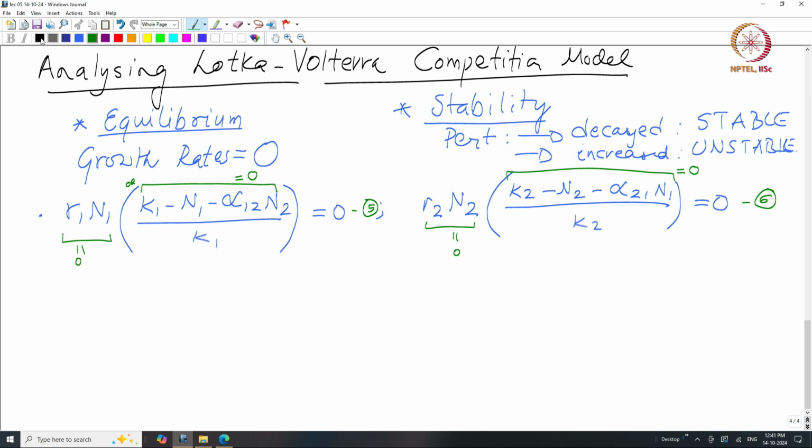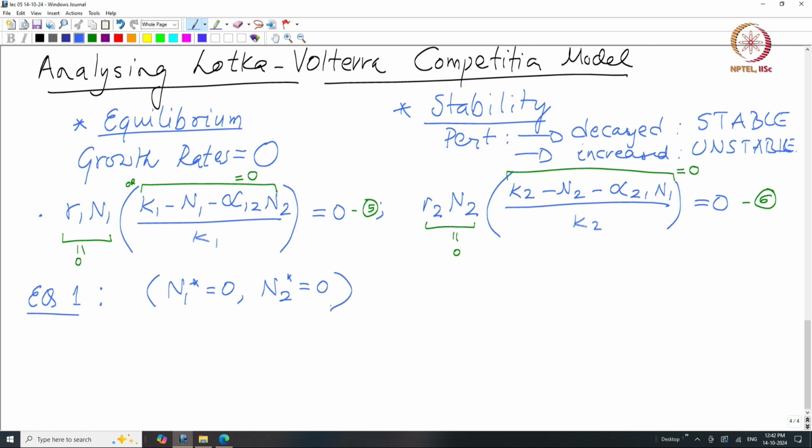Okay. So, I am now going to start enumerating all the 4 equilibria. We will find 4 equilibria, as we will soon see. I am going to enumerate all of them. The first equilibrium arises when the first term of equation 5 and the first term of equation 6 are both 0, meaning n1 is equal to 0 and n2 is equal to 0.